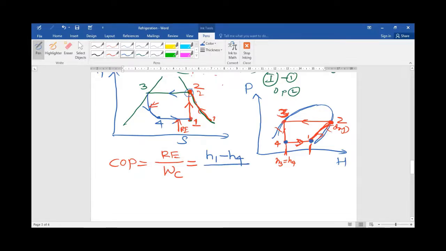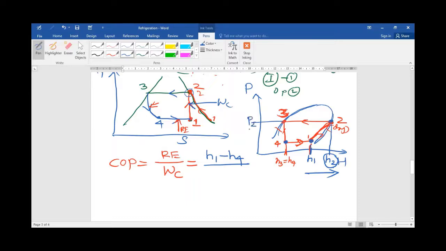Out of these 4 processes, 1 to 2 is compression. So you draw 1 to 2. For compression, you need to note down the enthalpy at the first point and at the second point. Which point's enthalpy is highest? Enthalpy at the second point is highest, because it is on the x-axis.